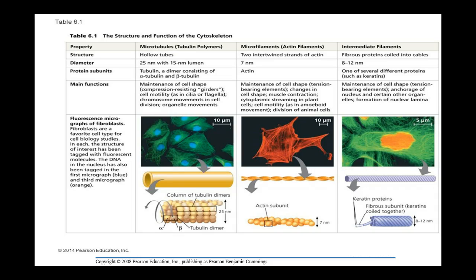The microtubules are compression resistant, and then you also have a stretch resistant portion of these. So it says maintenance of cell shape, compression resistant under microtubules on the left, and then microfilament, maintenance of the shape, tension bearing.